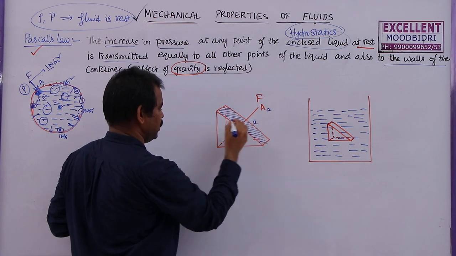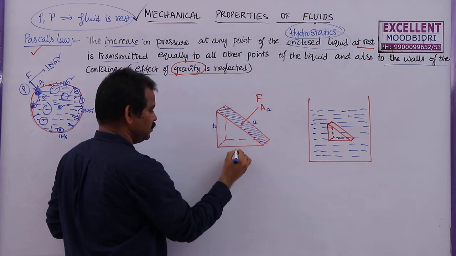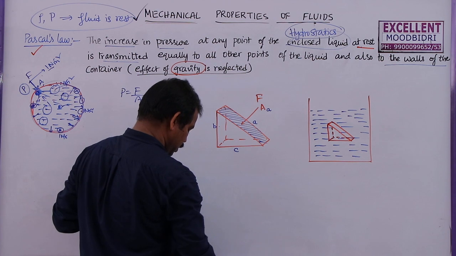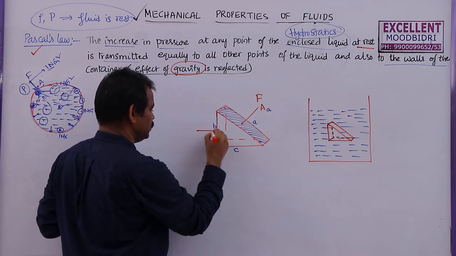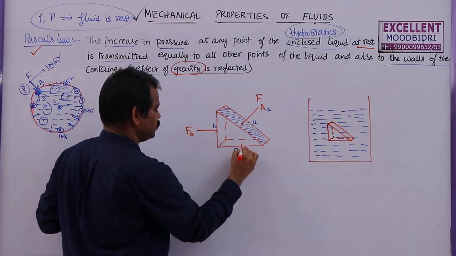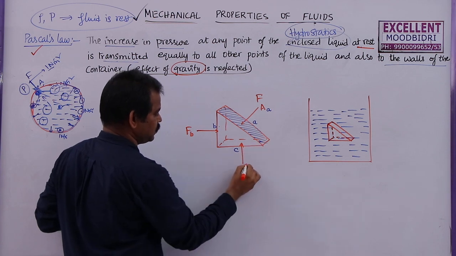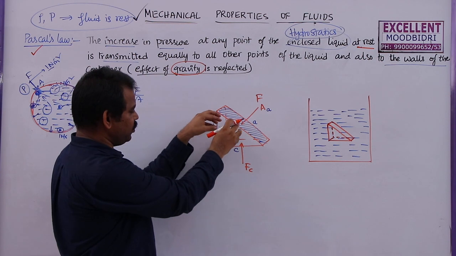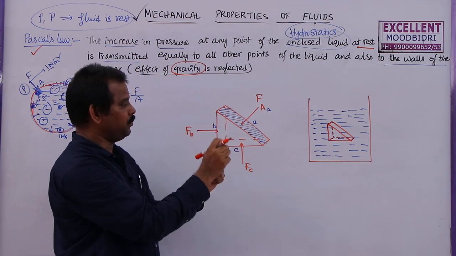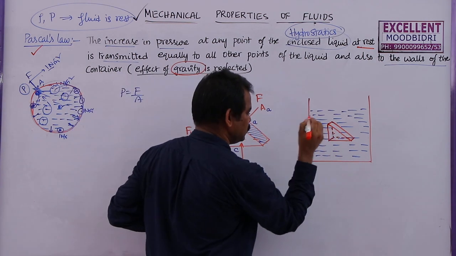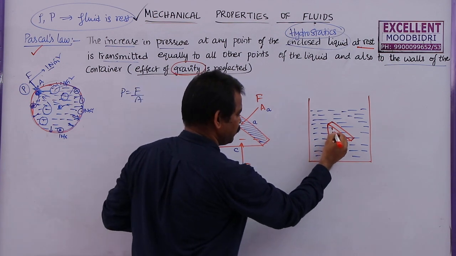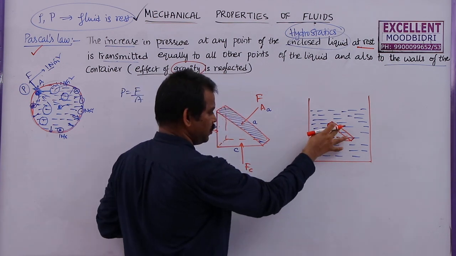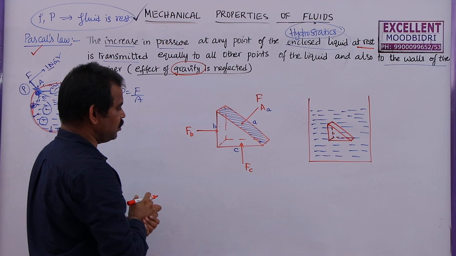That means this face is A, this face is B, this face is C. Let the force acting on this surface be F_B, and the force acting on the bottom surface be F_C. Remember, once again, these three are very close to each other, almost at a single point. So actually this is a single point, but from that I am taking a small prism, and drawing a bigger, enlarged version of it here.